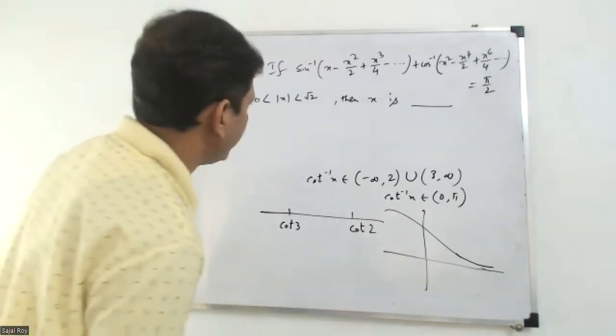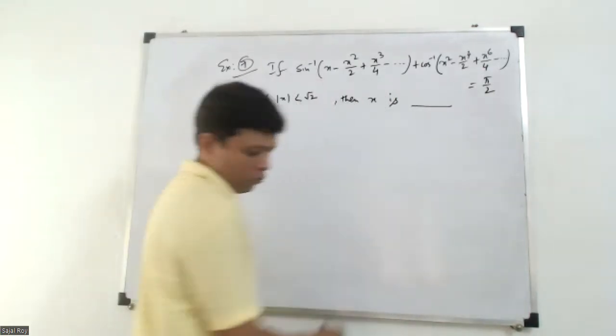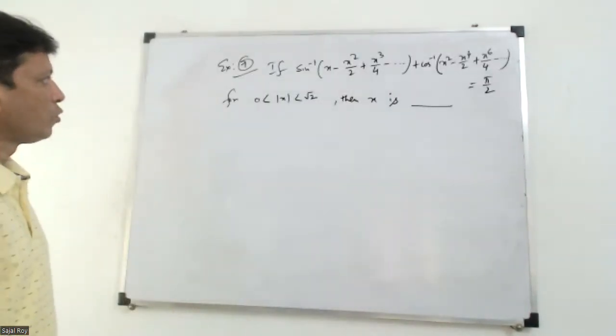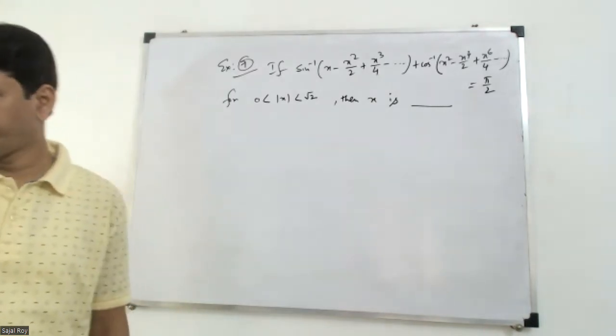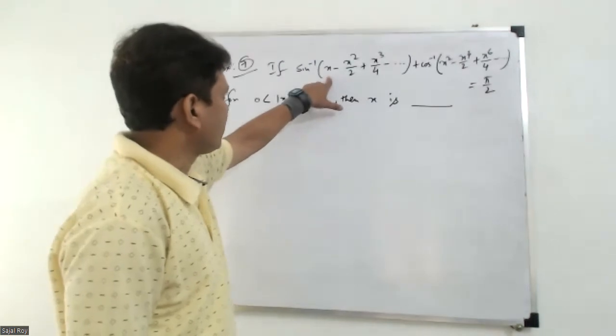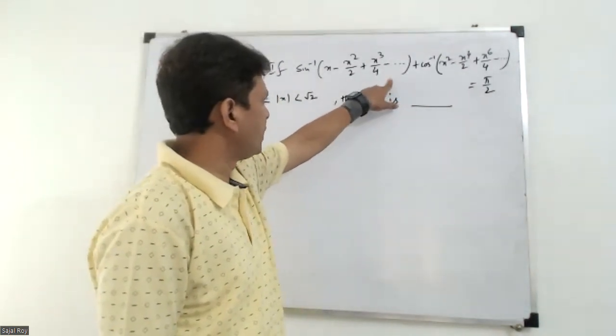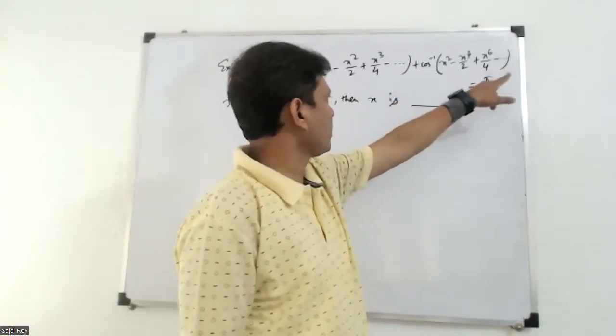It can be an integer type question. It is an integer type question. So what is your x? First of all, look at that. Inside sin inverse, this is a geometric series, an infinite GP, and this is also an infinite GP.